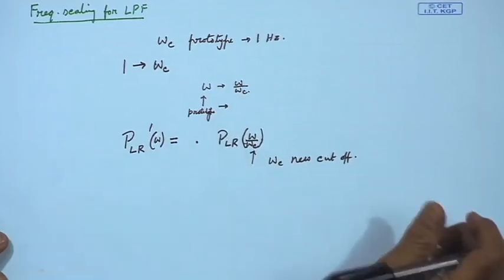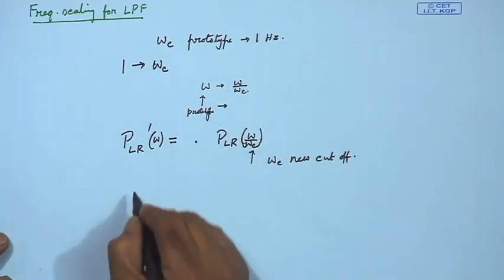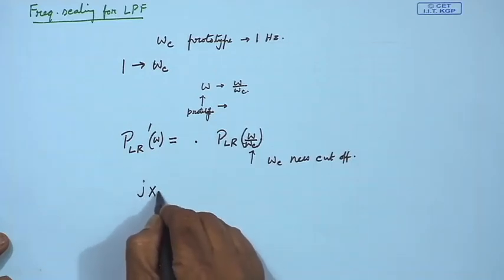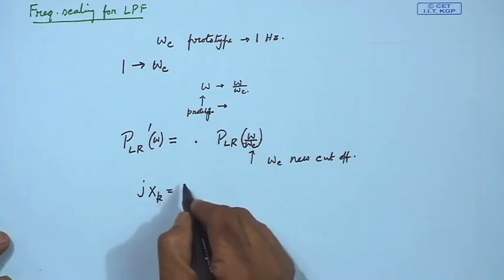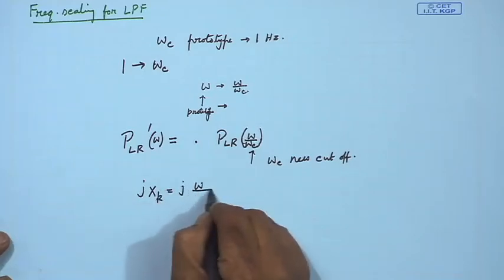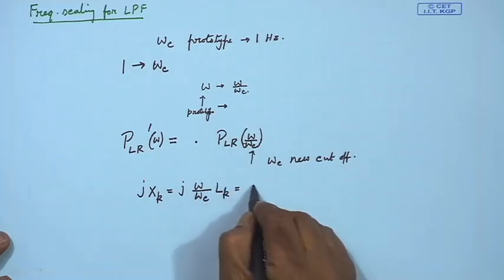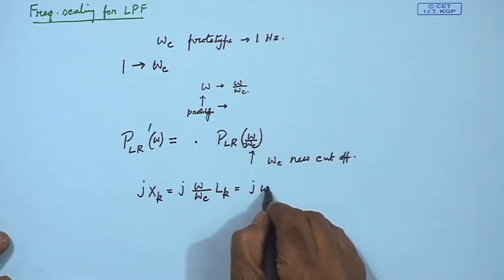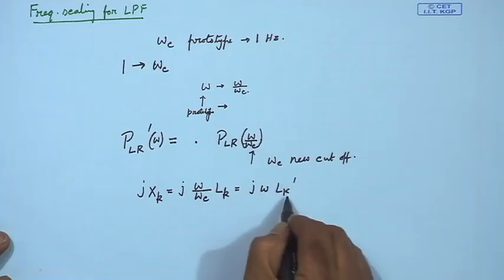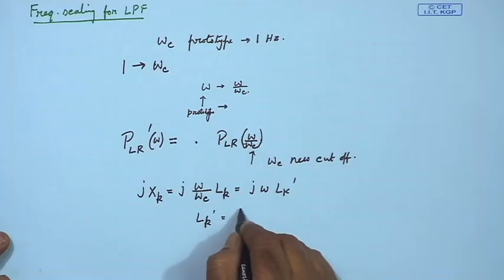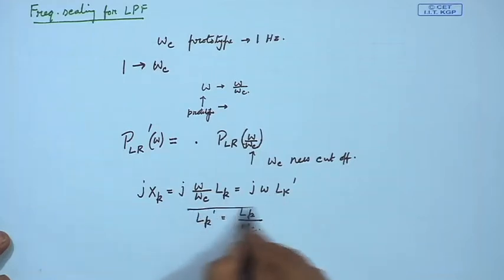When we change omega of the prototype by omega c, all the impedances also change. Let us say the reactive impedance ZXK becomes j omega by omega c times the original LK. In the new nomenclature we say j omega LK dashed after transformation. So the new value LK dashed is nothing but LK by omega c.